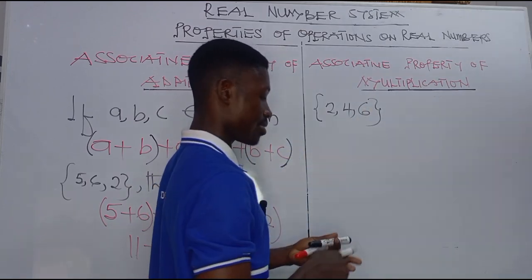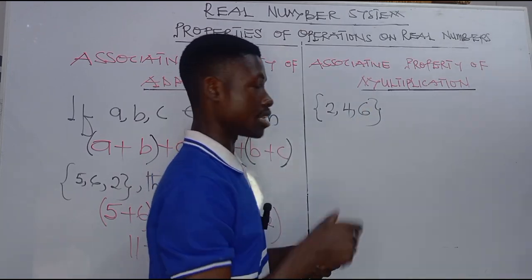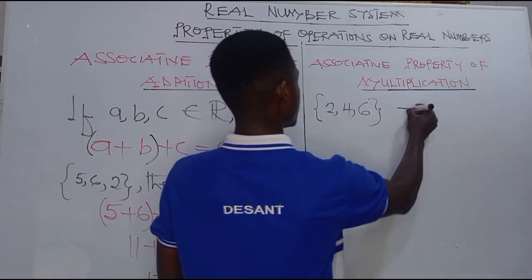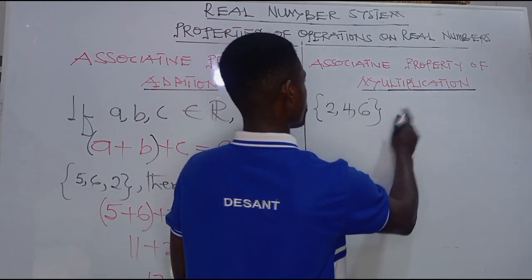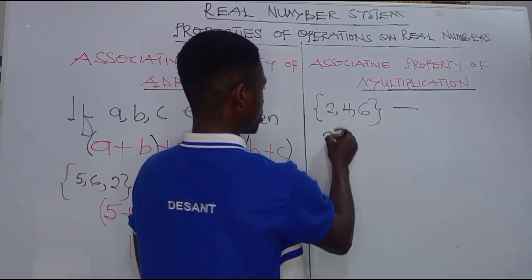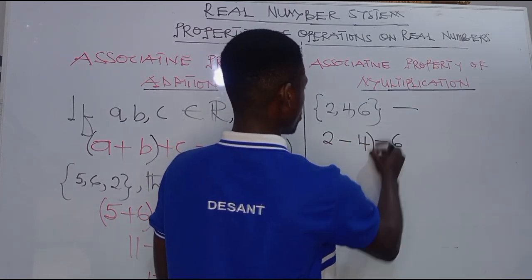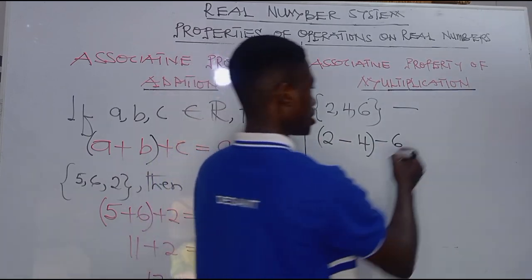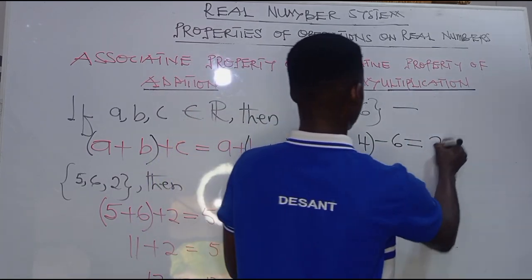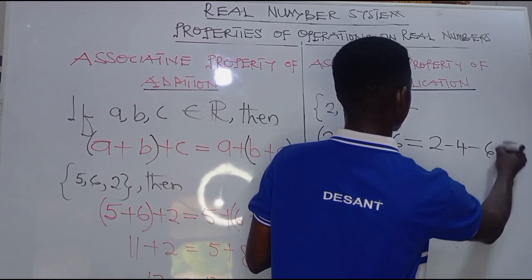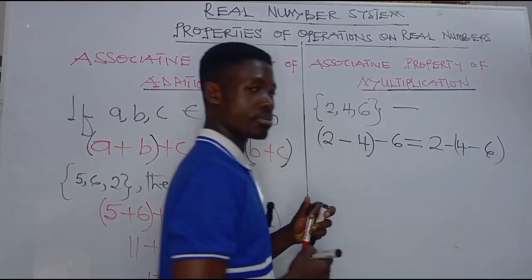Any number at all from the real number system will satisfy that. So we are using the subtraction operation. We are going to get (2 minus 4) minus 6, grouping the first two numbers. Then we have 2 minus (4 minus 6), grouping the last two numbers.